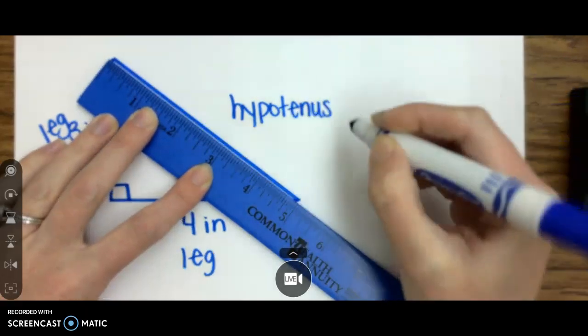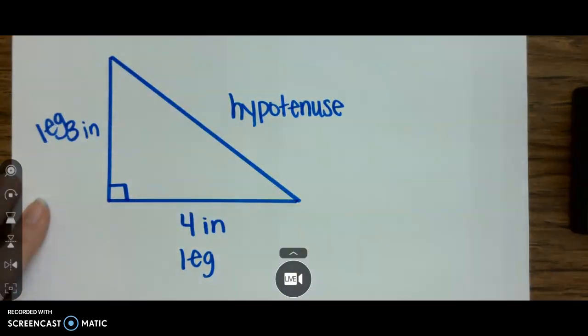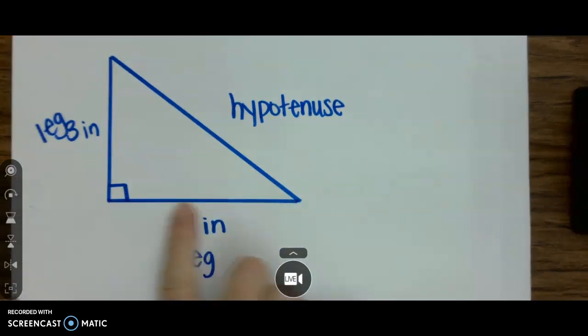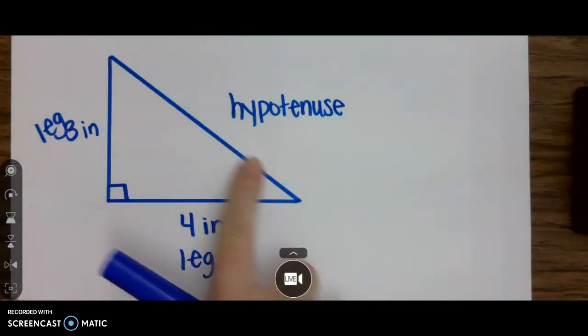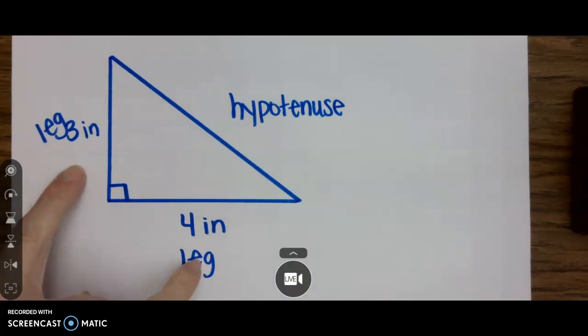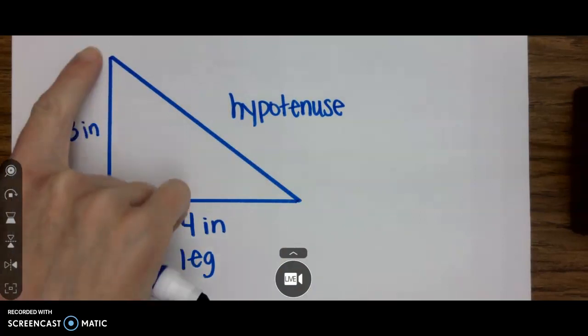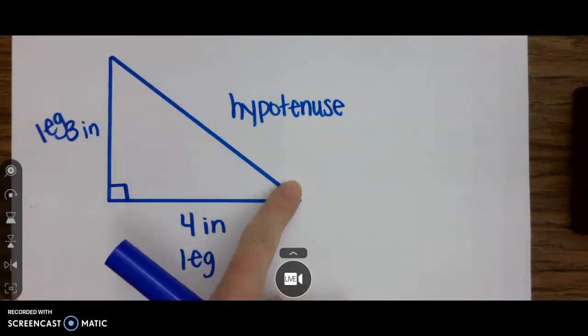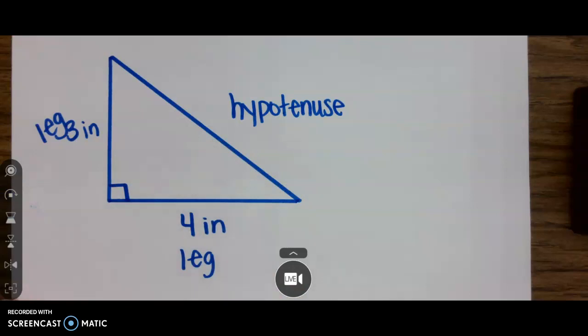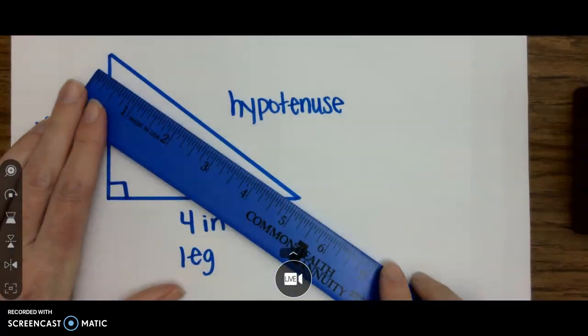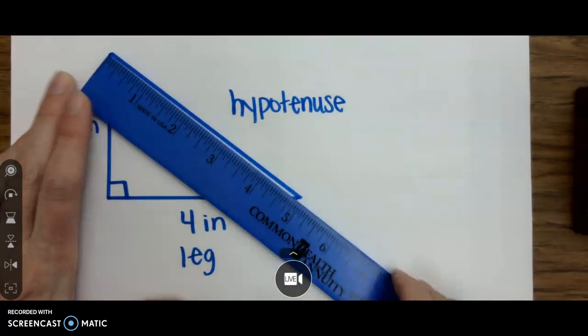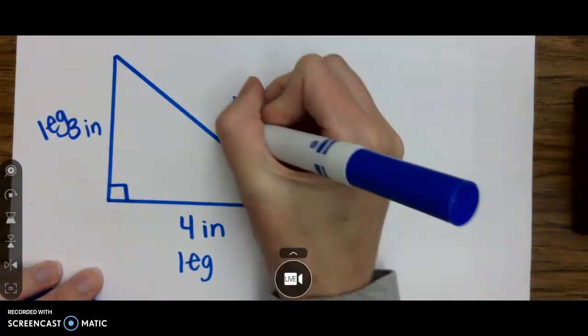It is the longest side of the triangle. So leg, hypotenuse. So again, the legs form that right angle, and then the hypotenuse is across from it. It's also the longest side of the triangle. And this one has a length of 5 inches.